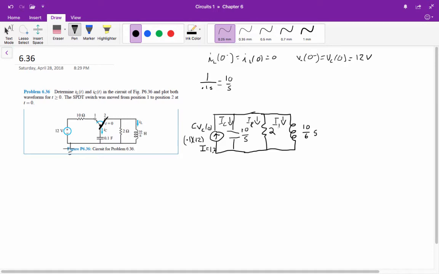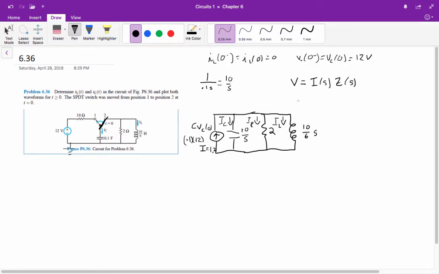Now, the way impedances work is that V equals I of S times Z of S. So it's just like V equals IR in the time domain.